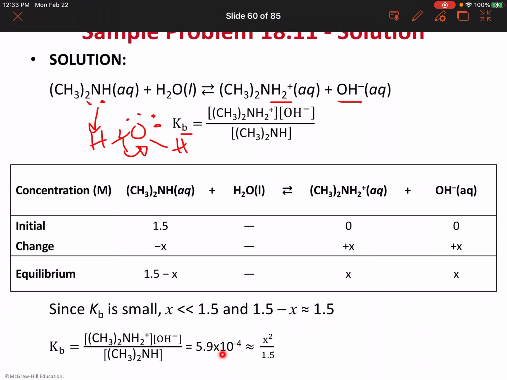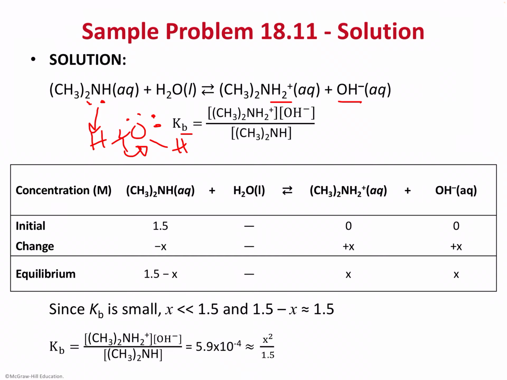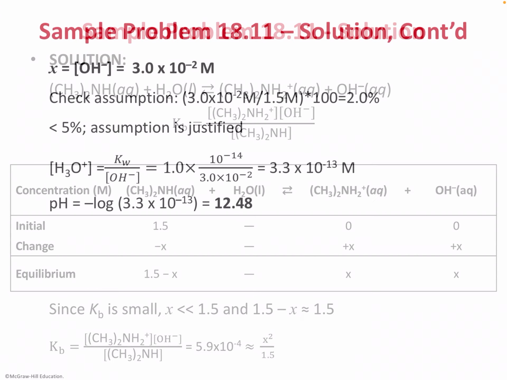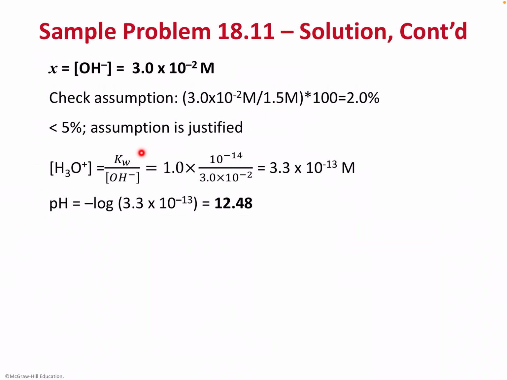So 5.9 × 10^-4, and you divide it by the initial concentration, which is 1.5. So you multiply these two and take the square root. You can find out the x. Do this calculation and you're going to get x as 3 × 10^-2.